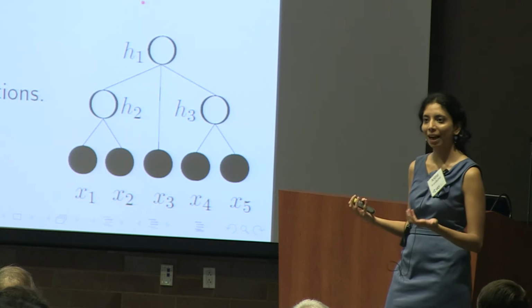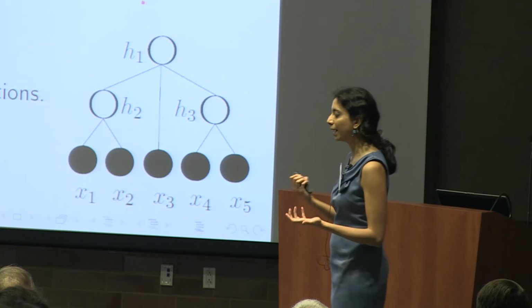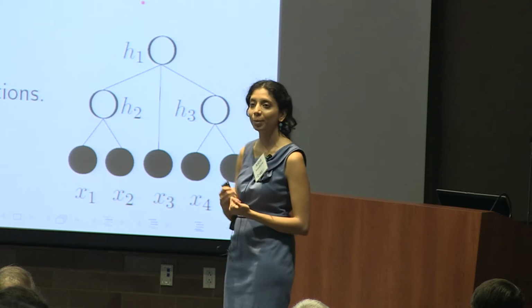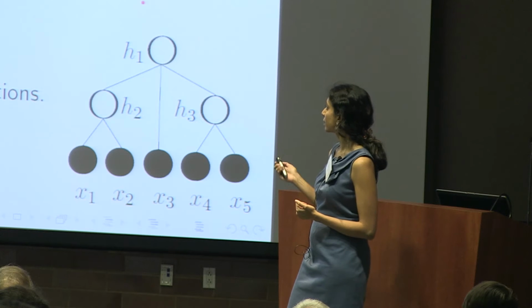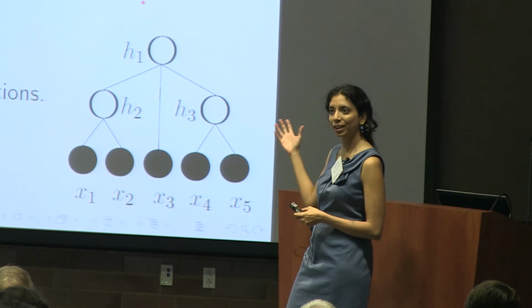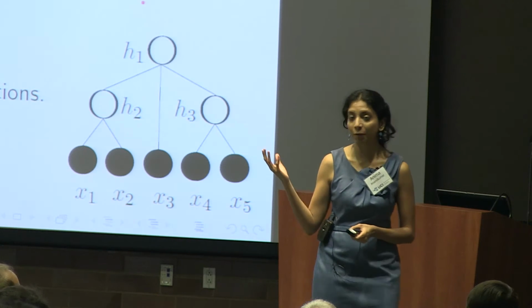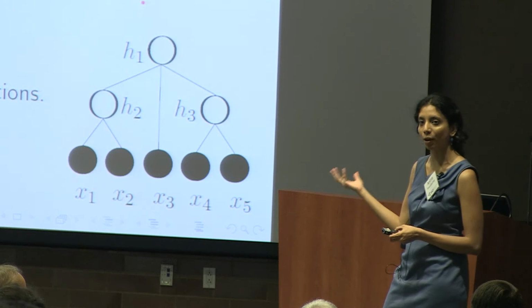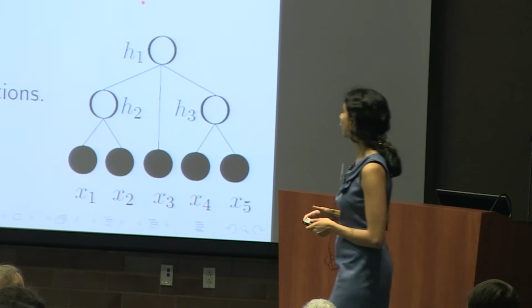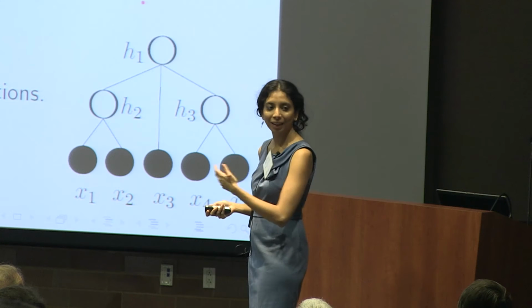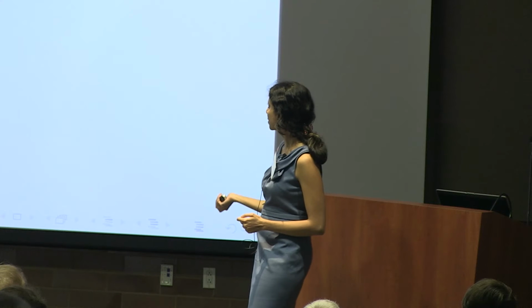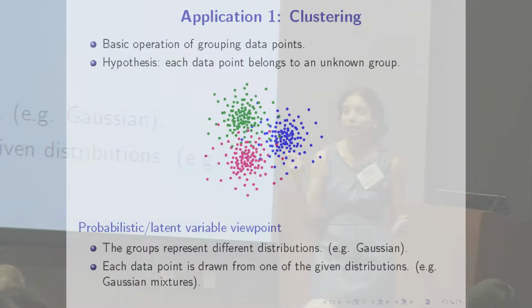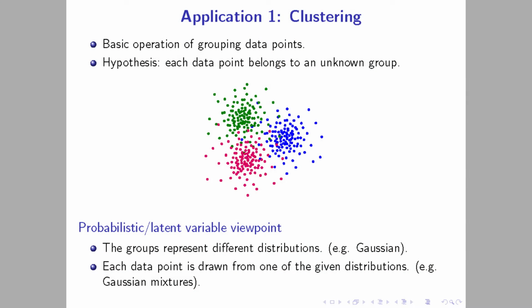What are the methods where I can have guarantees that I can correctly find this hidden information are some of the problems we've been looking at. So first I'll give a sense of different applications where these unsupervised learning of latent variable models arise, and then I'll show how these tensor methods have a significant impact. So as I said, the very basic problem is clustering, like grouping these data points into these various groups, right?